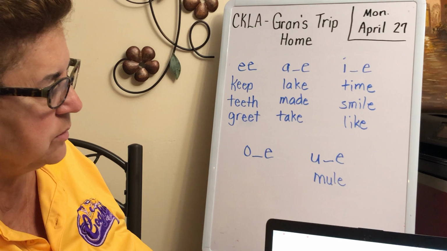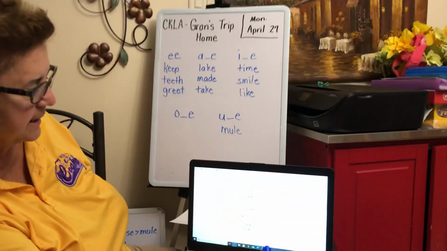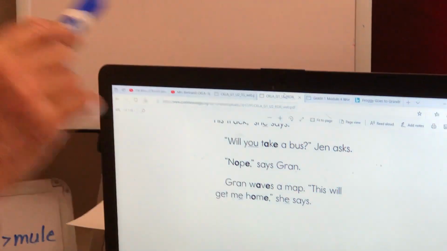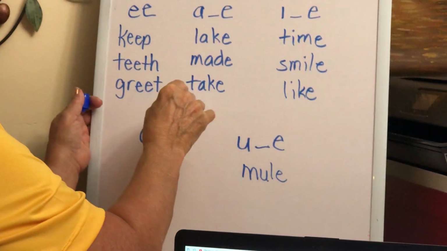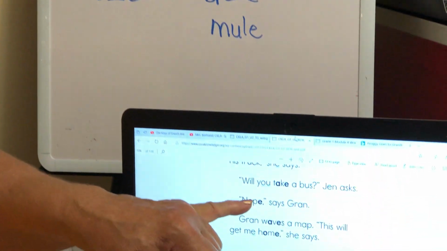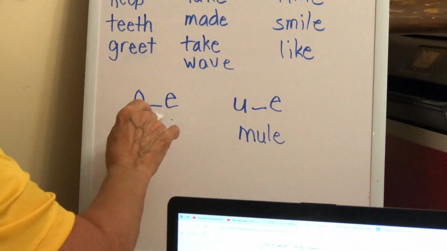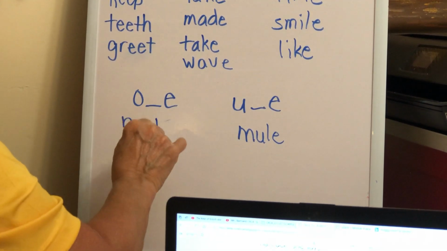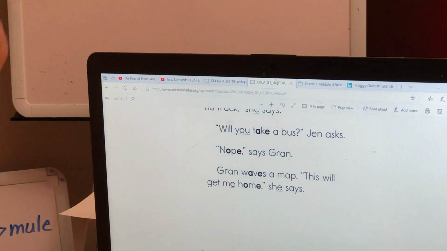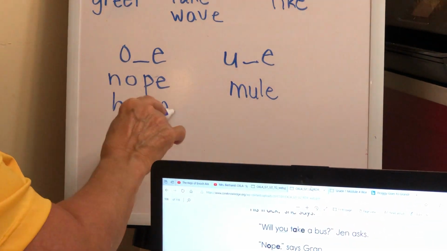So if we go back in our story, we see take again. We see wave for A blank E, so we could put wave. And we see nope. So that would be an O blank E, N-O-P-E, and that's just another way of saying no. And then home is another O blank E, H-O-M-E.